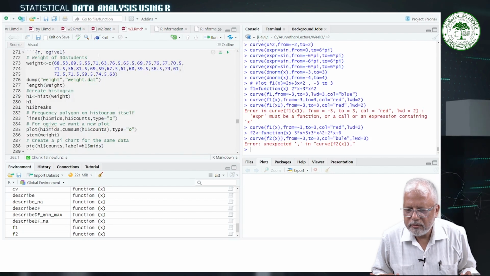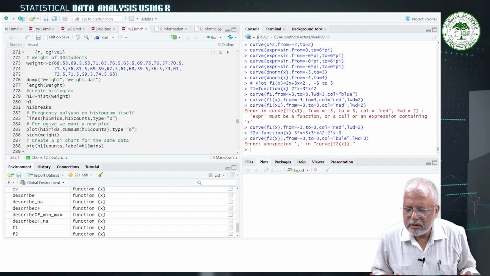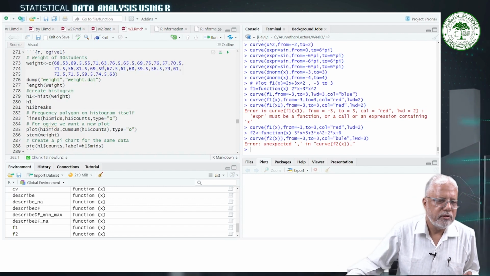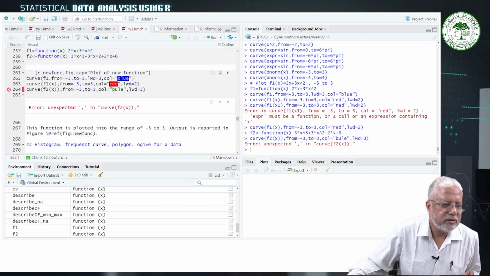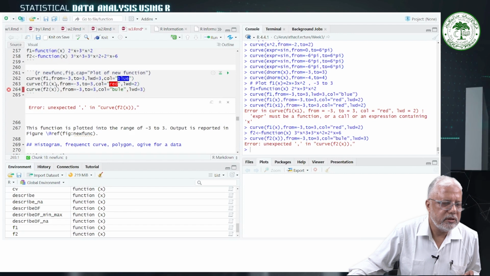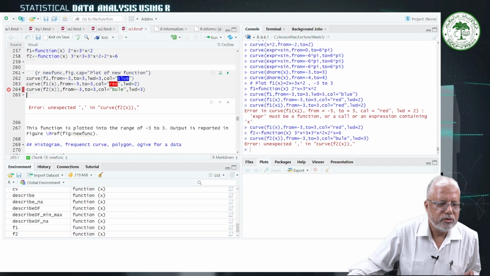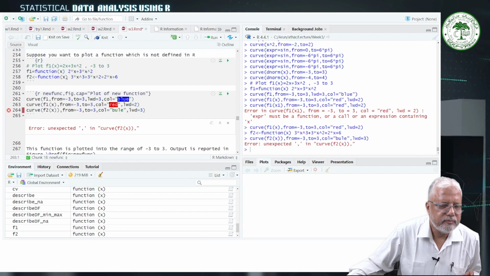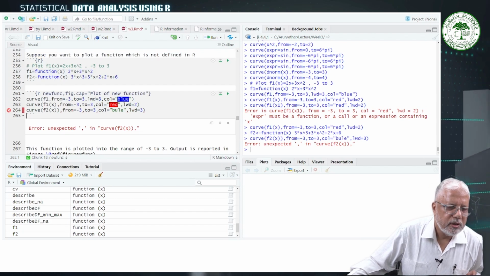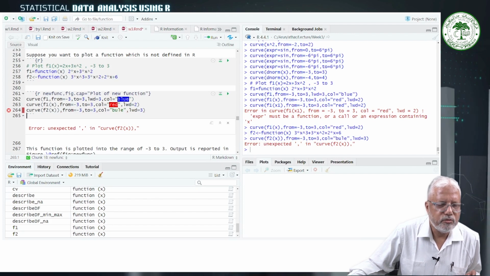Unexpected symbol in the curve f2(x). Oh, in the definition of f2(x) there is some mistake. f2(x) is equal to function of x, 3 into x raised to the power 3 plus 3 into x raised to the power 2.